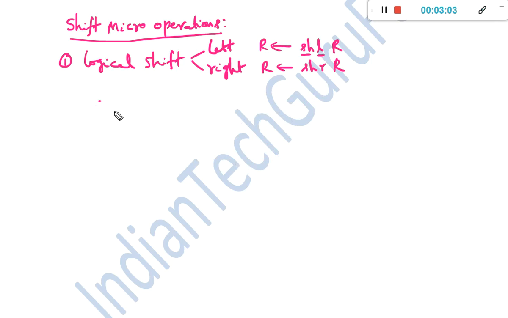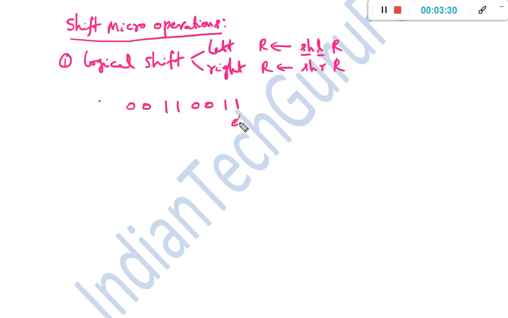For example, consider an 8-bit register whose contents are 00110011. Now I want to perform the logical left shift. Logical left shift means we move each bit from right to left.